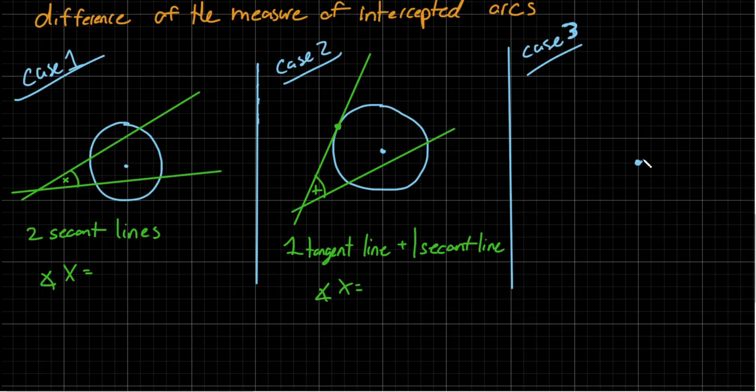A lot of you guys also drew this image. So we got 2 tangent lines. Riley, how do I draw a tangent line? Like that? I think that's a secant line.